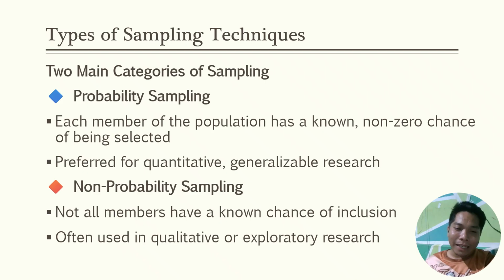Here in non-probability sampling, you can also use criteria to select participants. Often it is used when you are going to have a qualitative study or exploratory research.